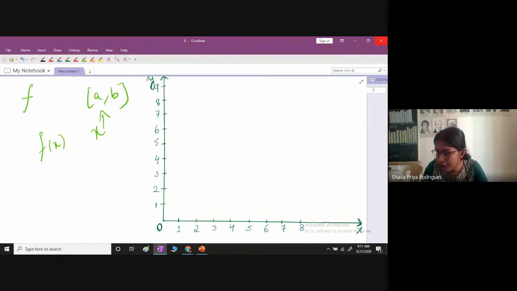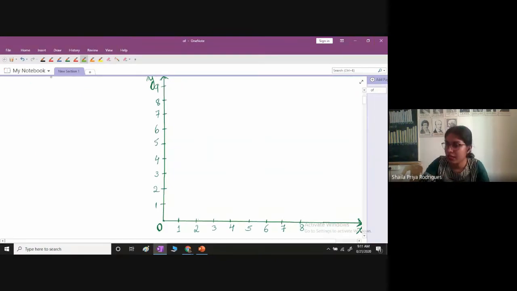We'll try to define what a definite integral is. We'll consider some closed interval on this x-axis. The x-axis is a real line. Okay, x-axis and y-axis both are real lines. We'll consider a closed interval on the x-axis. I'll consider the closed interval 2, 8.